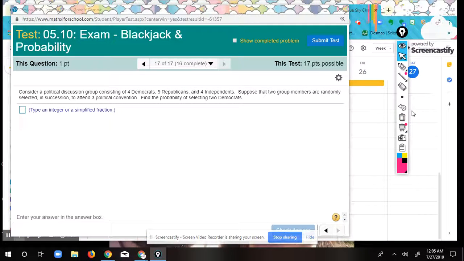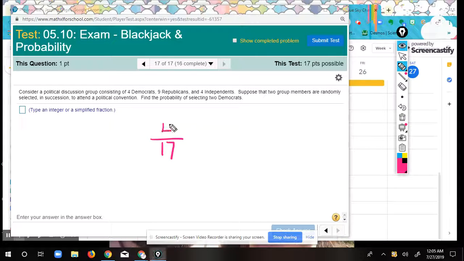Okay. So we're choosing group members. 4 Democrats, 9 Republicans, and 4 independents. So altogether, it looks like we're doing 17 people. We want to find the probability of selecting 2 Democrats.